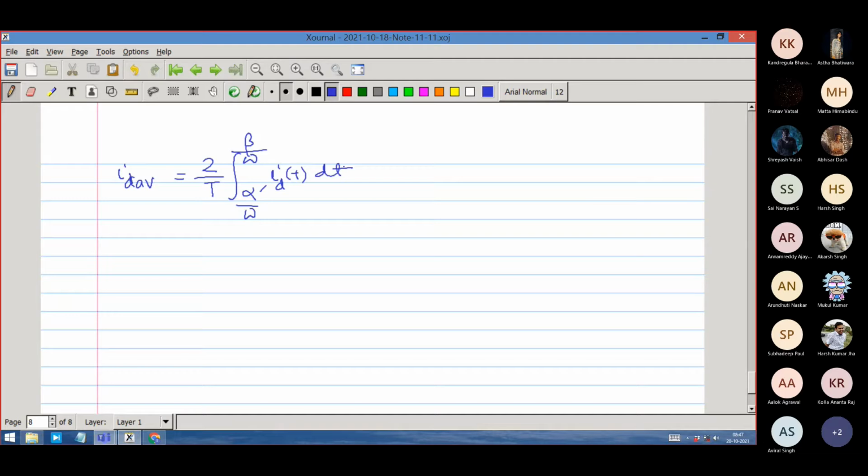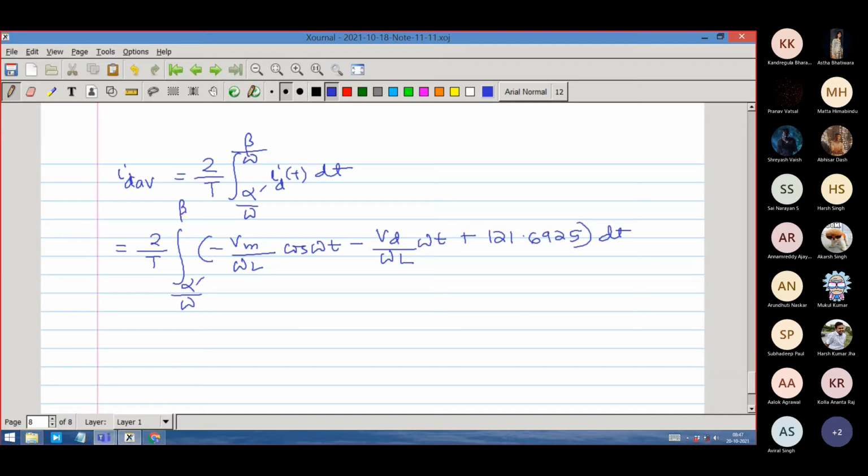I'm trying to find out the average value of the current waveform. So that is equal to 2 by T integration of the complete expression of the current found earlier: Vm by omega L cos omega t minus V_d by omega L into omega t plus 121.6925 dt, and the integration is from alpha dash by omega to beta by omega, right?